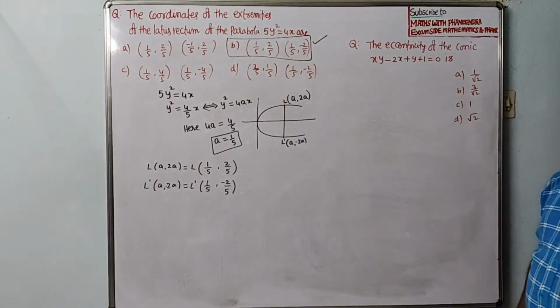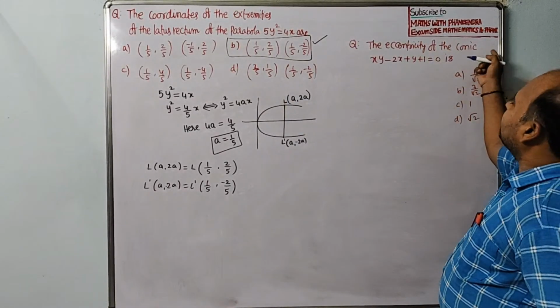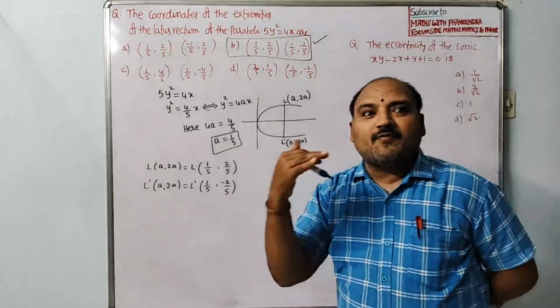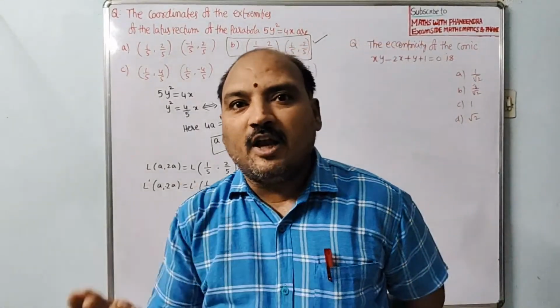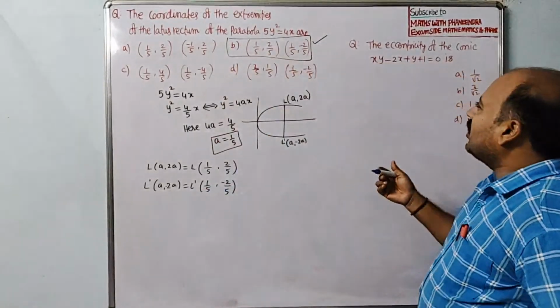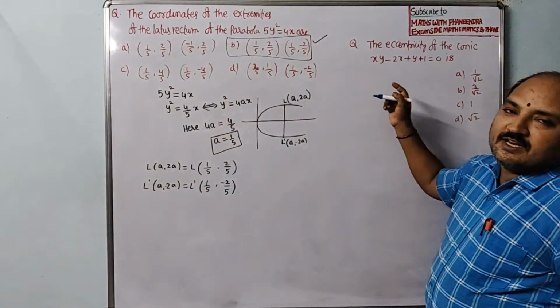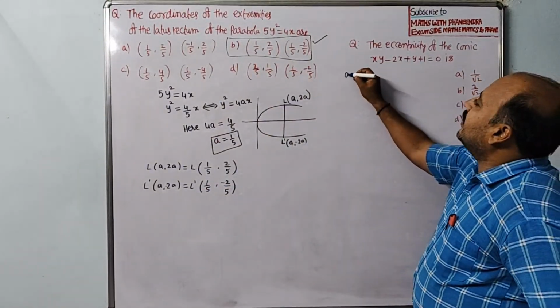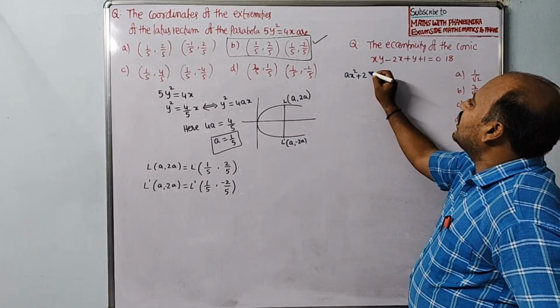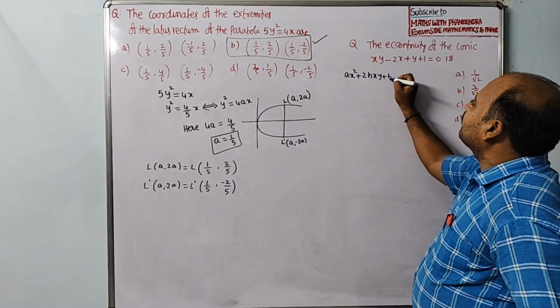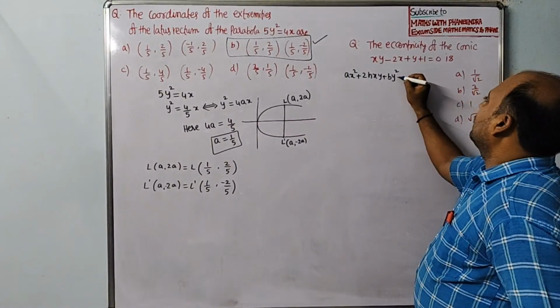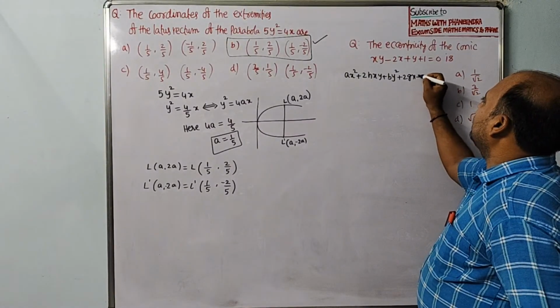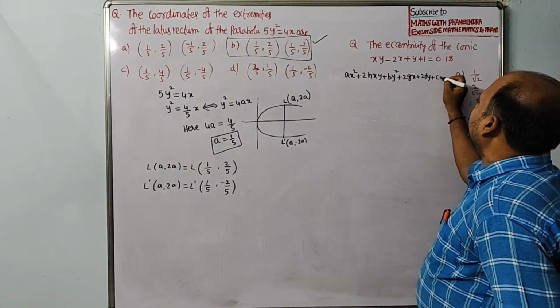We'll move to question number 2. The eccentricity of the conic. We don't know which type of conic, whether it is a parabola, ellipse or hyperbola. So to recognize it, take the second degree general equation, ax square plus 2hxy plus by square plus 2gx plus 2fy plus c equal to 0.